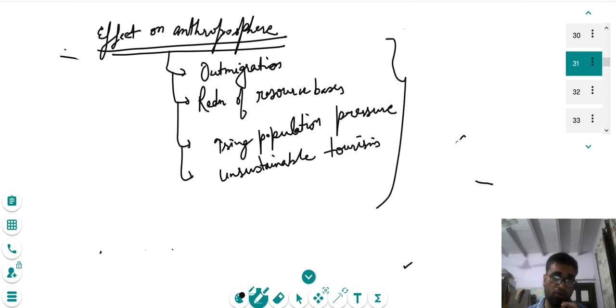So all these are the impact of global warming on the anthroposphere.